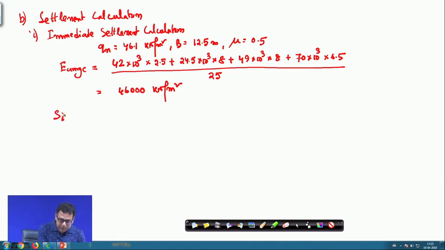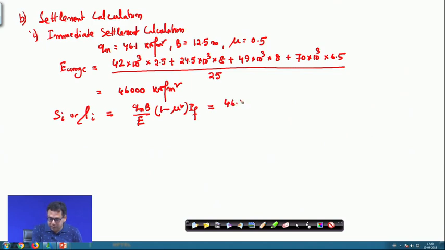So, the rho I, the immediate settlement, is Qn B by E into 1 minus mu square into IF. So, that is equal to 46.1 into 12.5 divided by the E value, 46,000, and 1 minus 0.5 square, and again it is a square foundation.